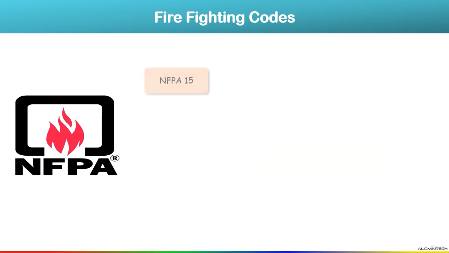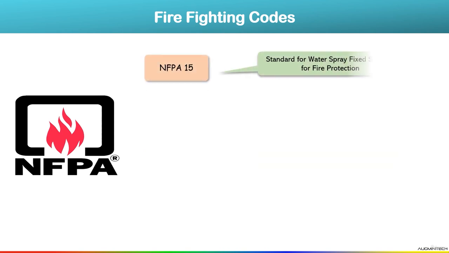Now the next is NFPA 15. NFPA 15 is the standard for water spray fixed systems for fire protection. This NFPA 15 provides minimum requirements for the design, installation, etc. Now the next is NFPA 16.